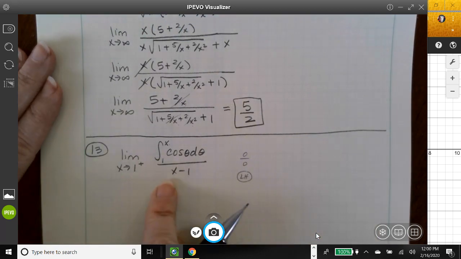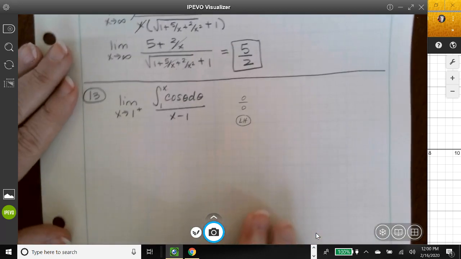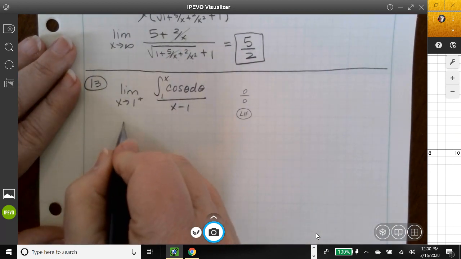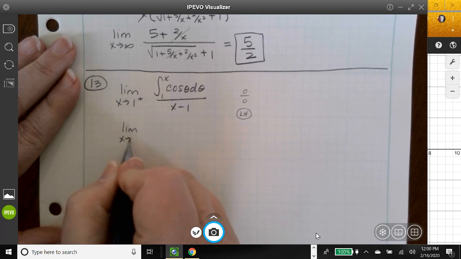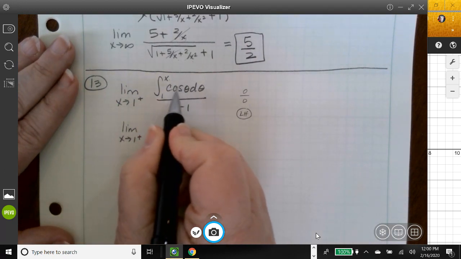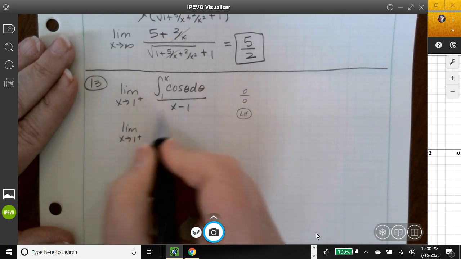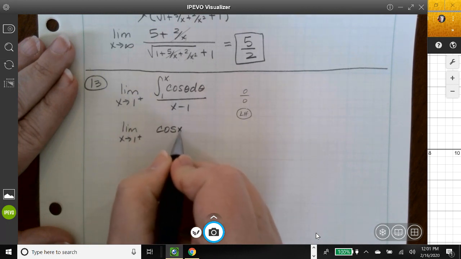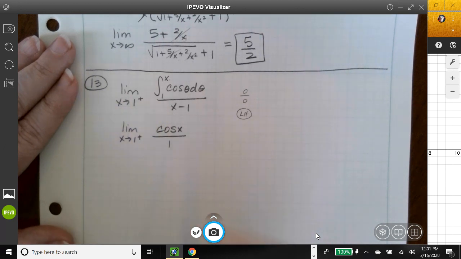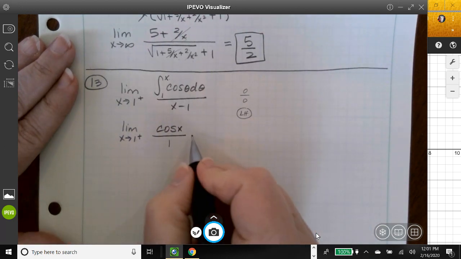And this is a nice review of the fundamental theorem of calculus, because now I'm going to take the derivative of an integral, which is equal to the function cosine of theta evaluated where I stopped, which would be at cosine x, over the derivative of x minus 1, which is just 1. And now I can plug in 1.